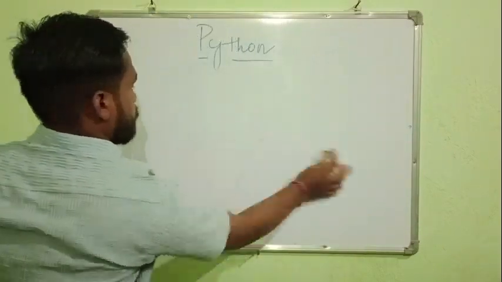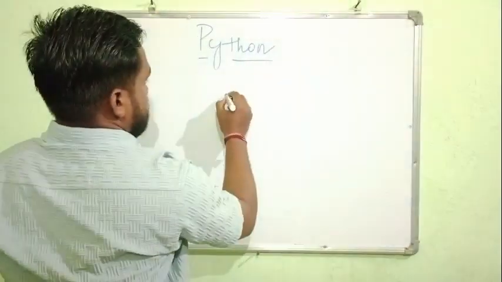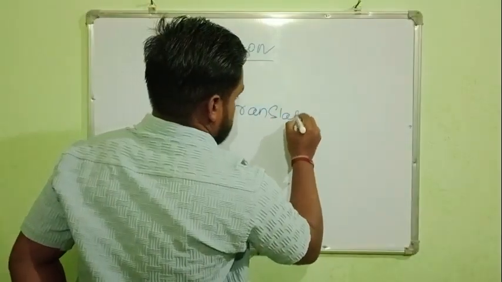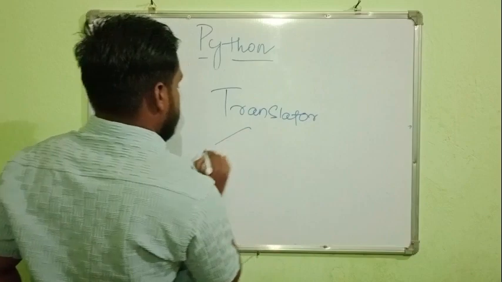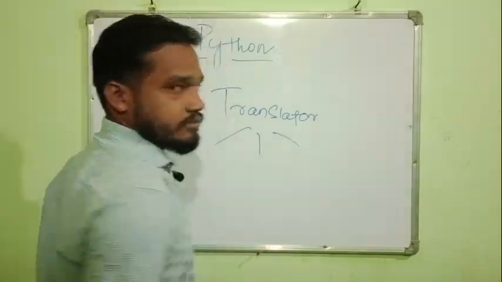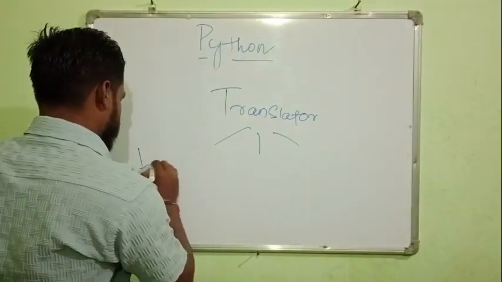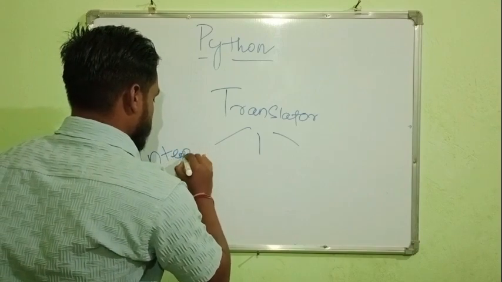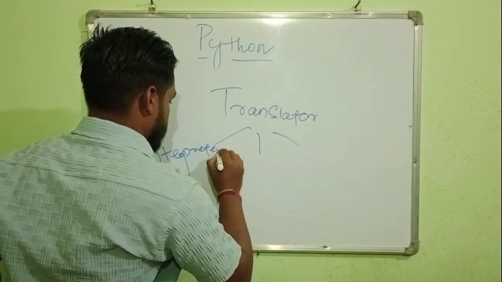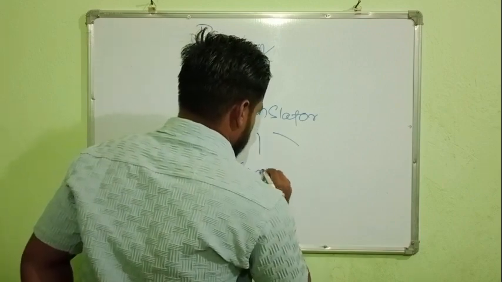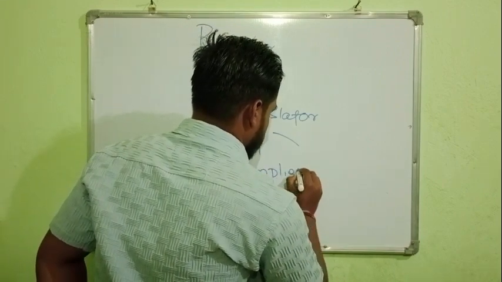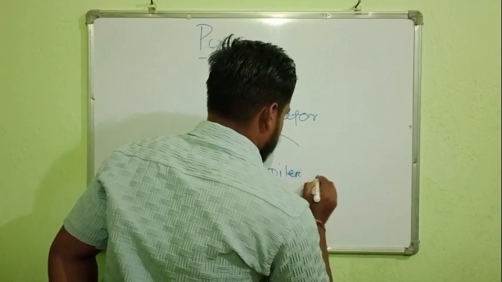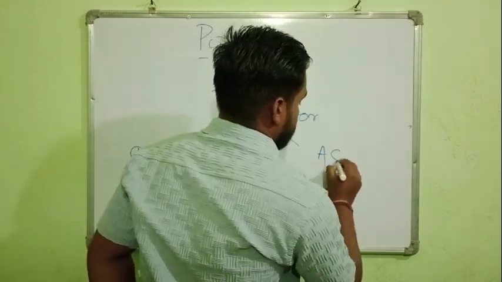Translator, each of three types. First one is interpreter, second one is compiler, third one is assembler.